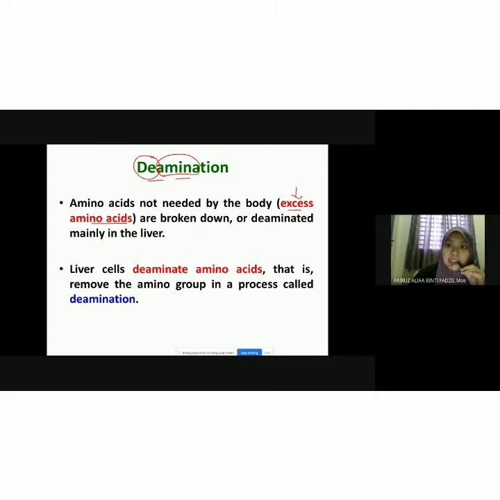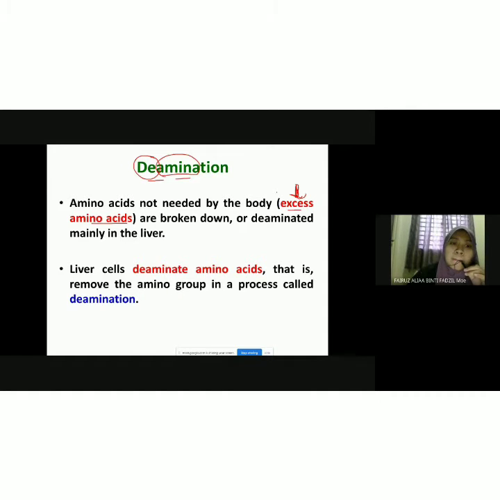Excess means berlebihan. Berlebihan means these amino acids are not being used. When they are digested through the gastrointestinal tract, they are used for the synthesis of protein, for repair, for growth.